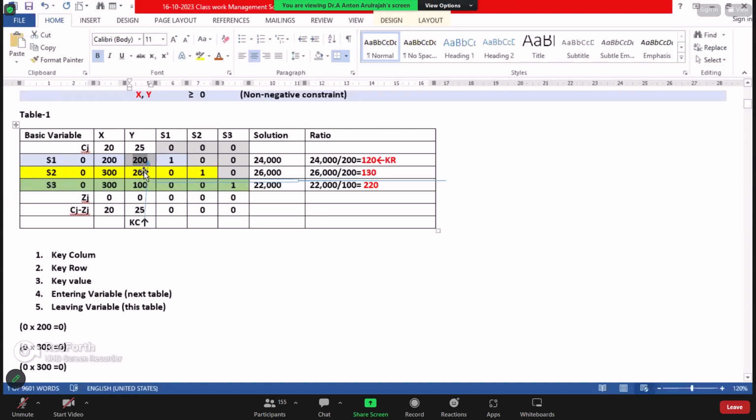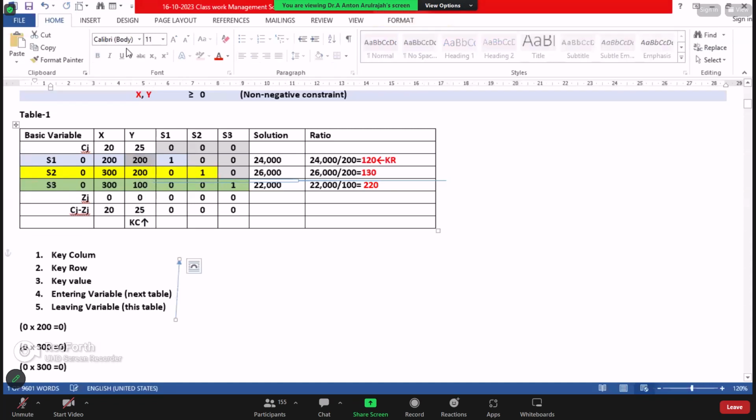So what we have to do, after selecting the key value, is find the entering variable.